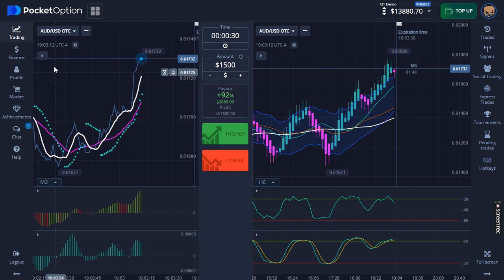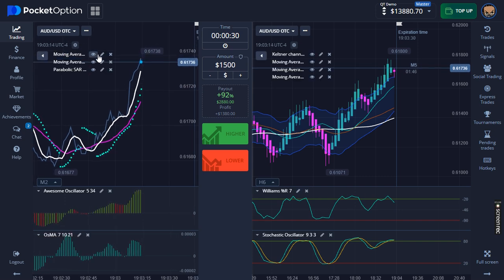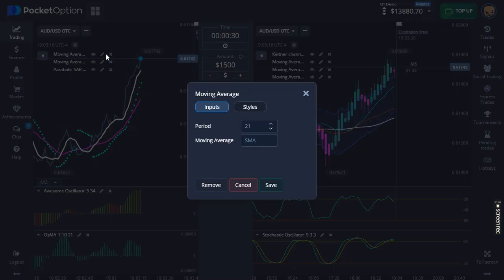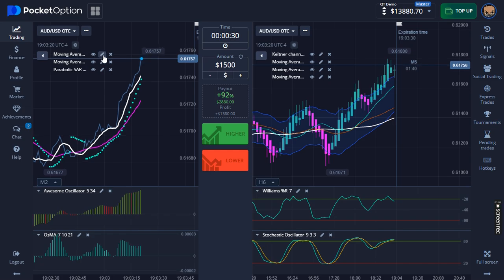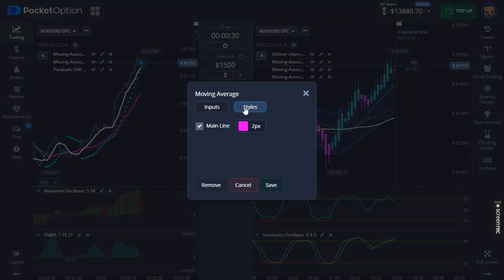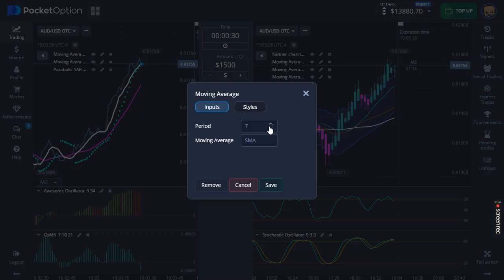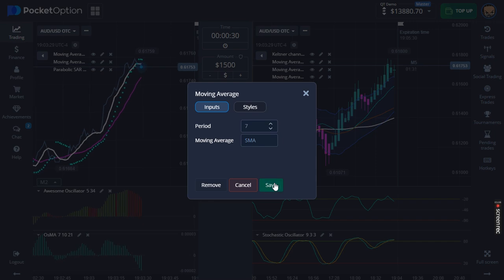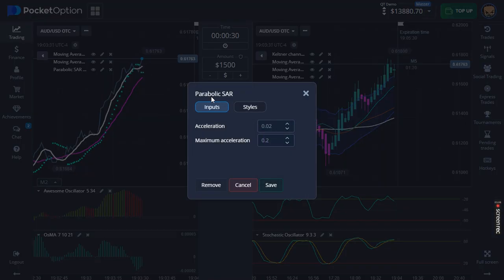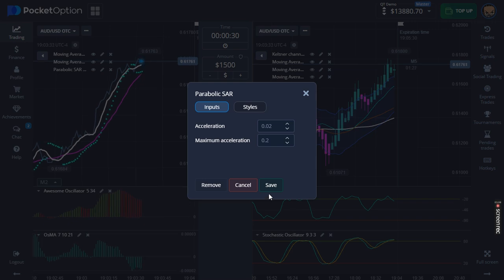That's all I'm doing. My settings on my left hand side, I got my moving average. I have a 21 SMA, which is the purple line, if I'm not mistaken. Then I have a 7 SMA, which is the white line. And I have my parabolics on my default settings.